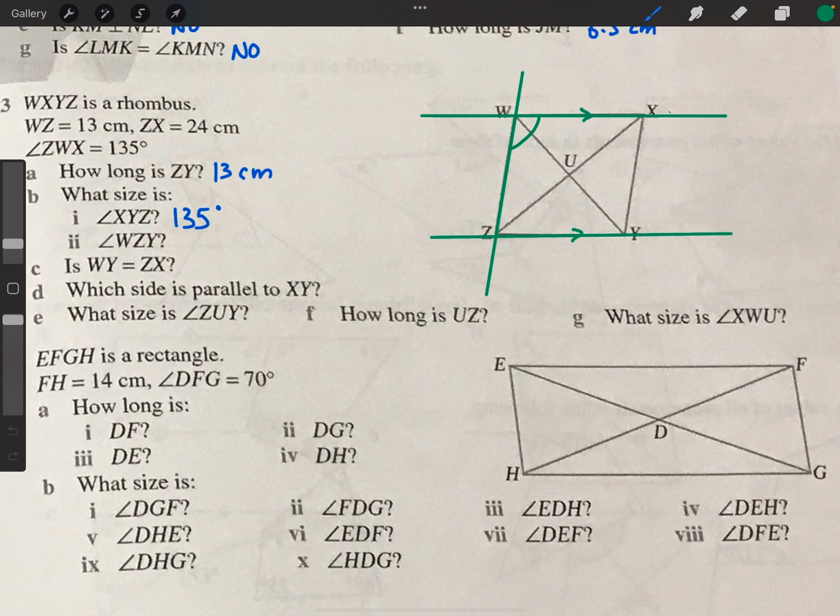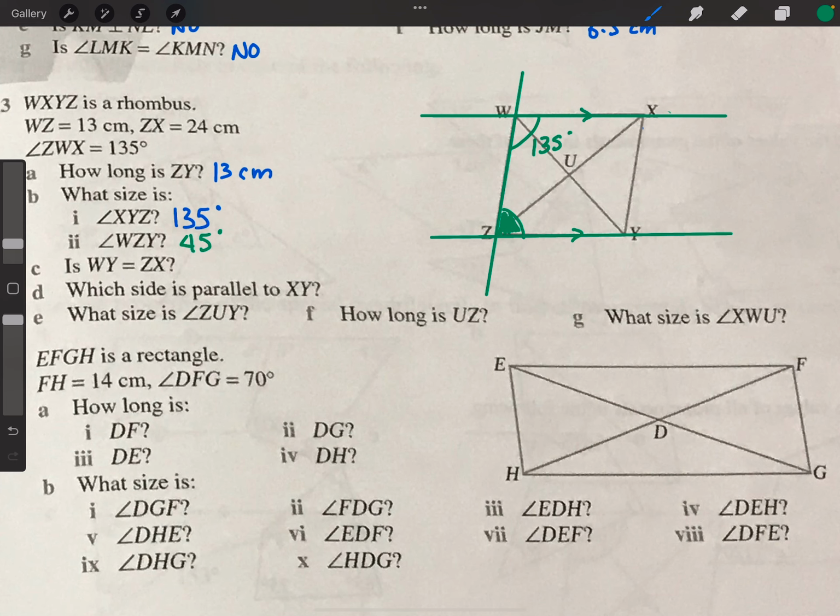Now we know this is 135 degrees, which means that this is an acute angle and that is an obtuse angle. So this angle here, the one I'm coloring in, plus 135 must be 180. So 180 take away 135 gives me 45 degrees. So that must be 45 degrees.